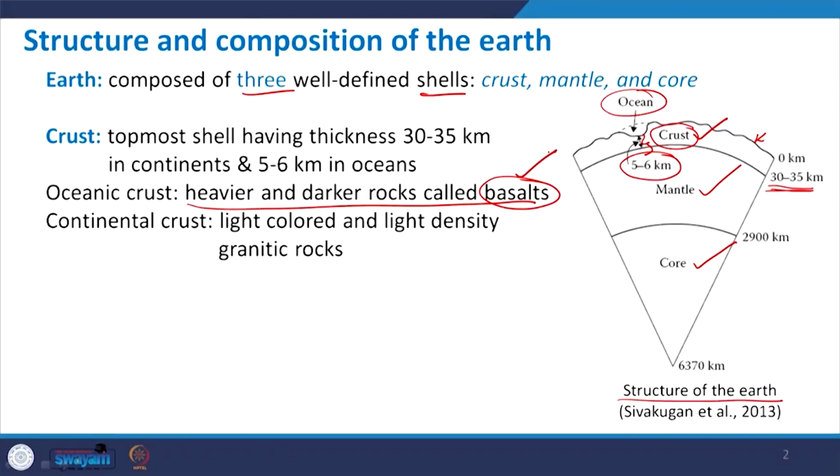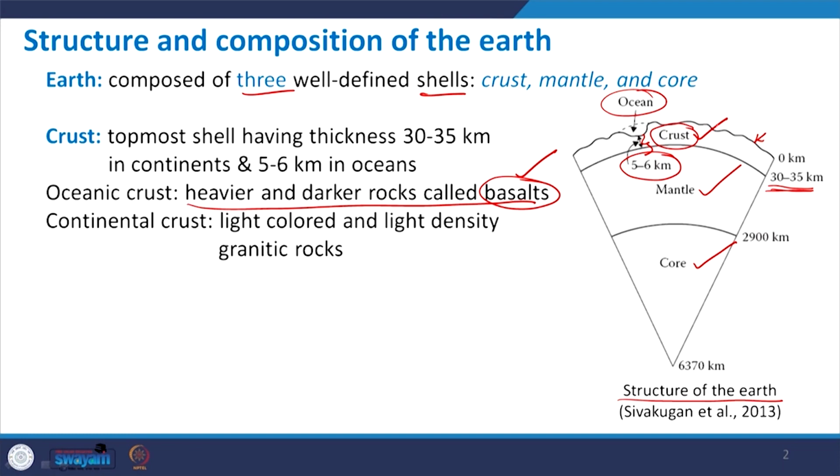Once I explain this structure and minerals to you, we will see how different types of rocks exist and what all those are. We will discuss them in detail, but for the time being please remember that this oceanic crust has heavier and darker rocks, and they are called basalts.